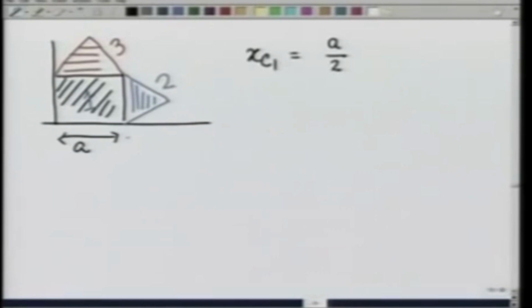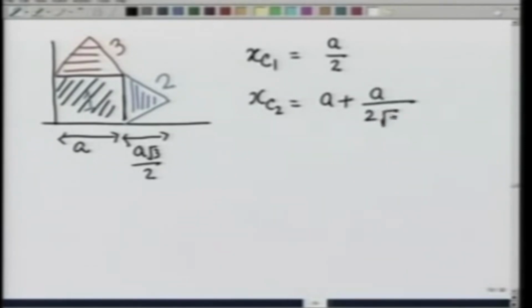Similarly, the height of this triangle, because the side is a, is going to be a root 3 by 2, and therefore, x c 2 is going to be equal to a plus the distance of the centroid from the base, which is nothing but 1/3 the height, and therefore, a divided by 2 root 3.